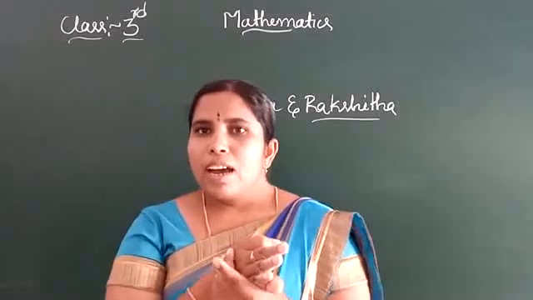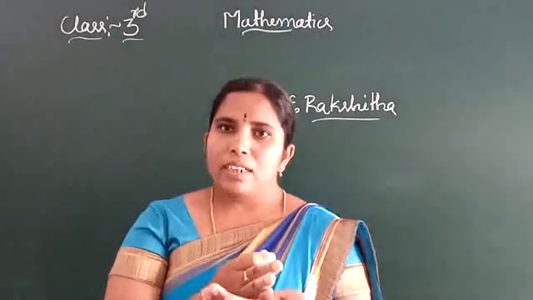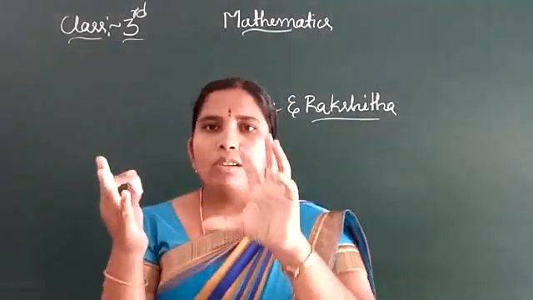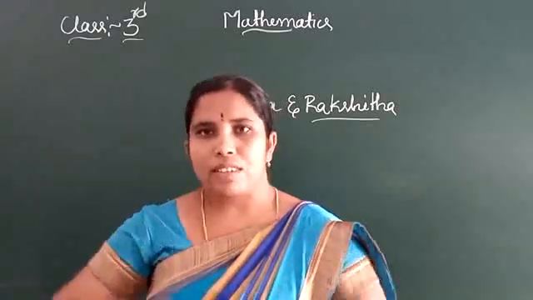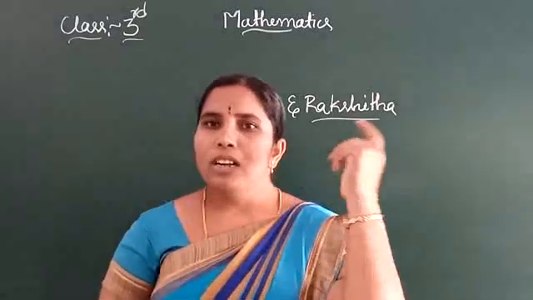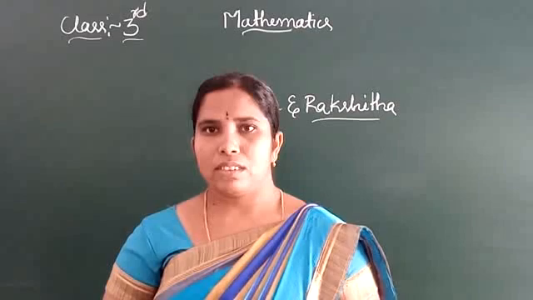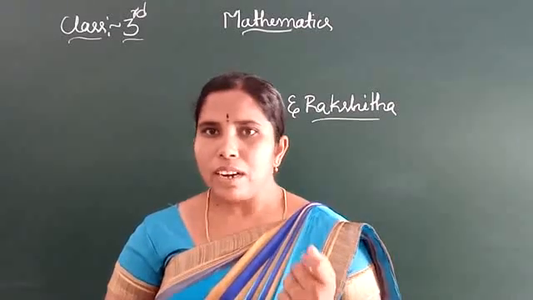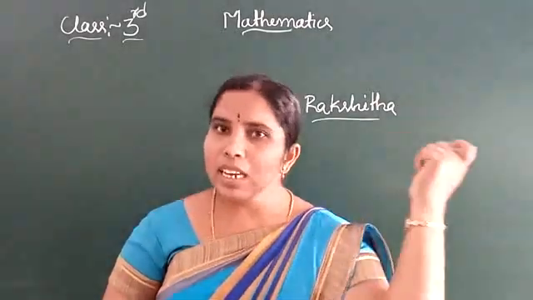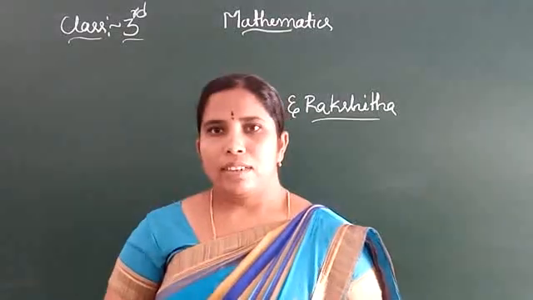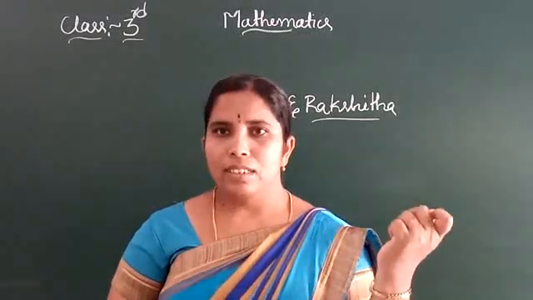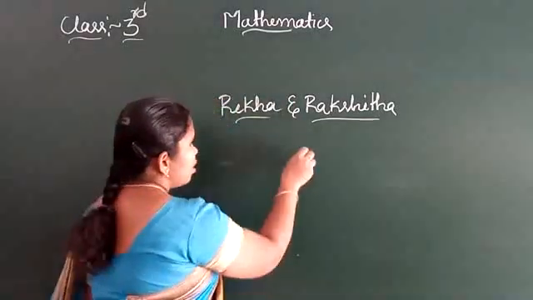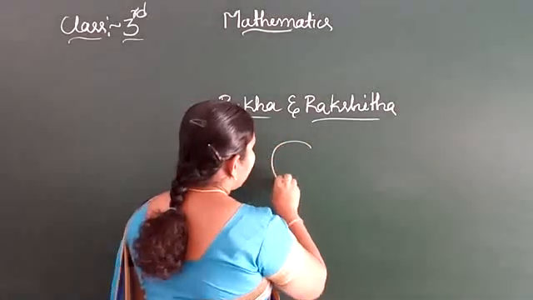Okay. So then Rekha divides the apple into two equal parts. Do you understand? So here each equal part is, see, observe here and write a dot.